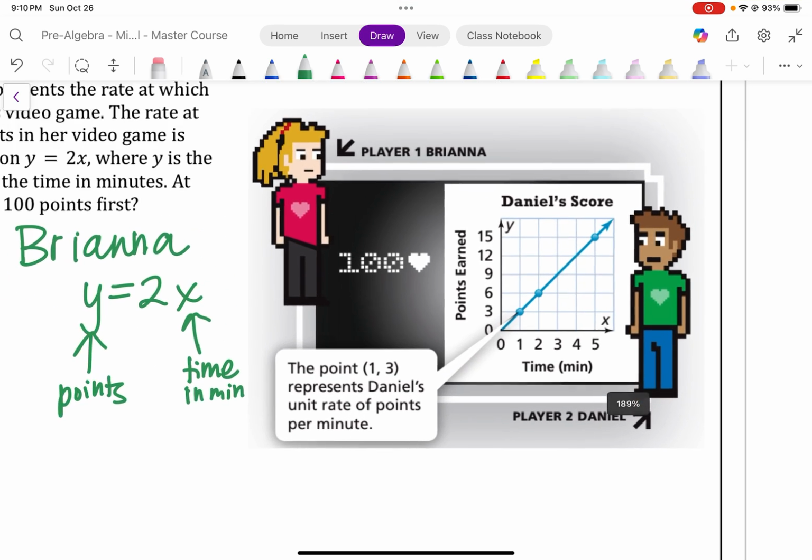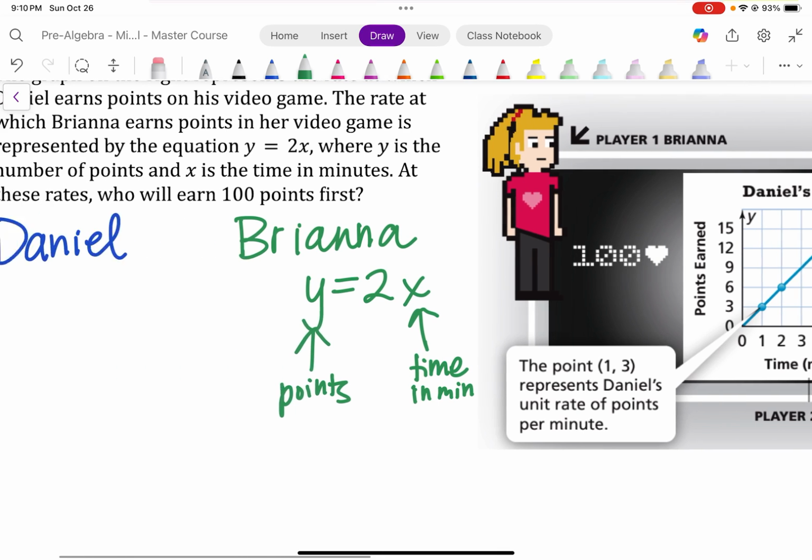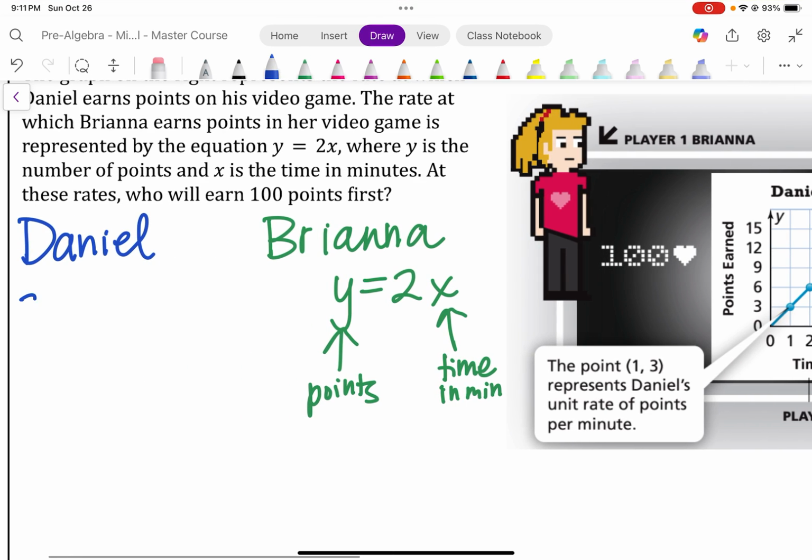Now, Daniel, it looks like, oh, we can see here, in 1 minute, he earns 3 points. So the ordered pair 1, 3 represents Daniel's unit rate of points per minute. So he earns 3 points in 1 minute.